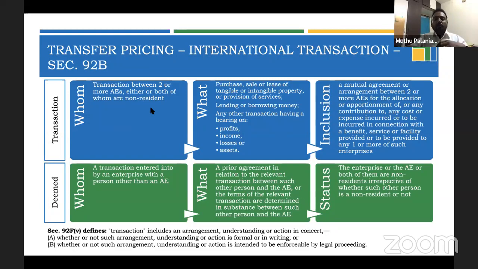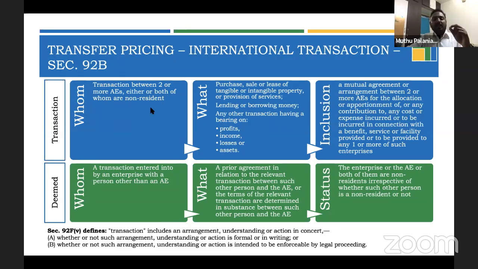If it could be proved that the transaction is happening between B and C, whereas this transaction is determined by A, another entity which is not holding any participation in management, control, or capital, and is not an entity with which B or C is transacting, and if it could be proved that there's a prior agreement which controls the pricing, or conditions are determined based on this entity, then it will be called an international transaction. That is a deemed international transaction.